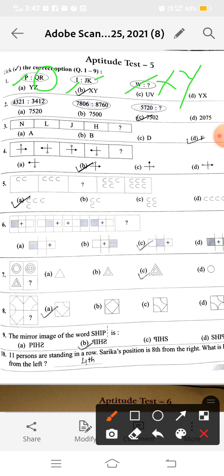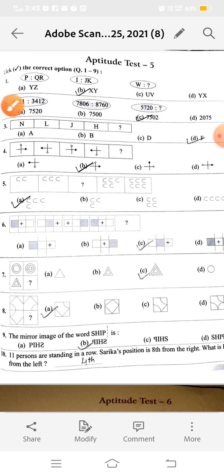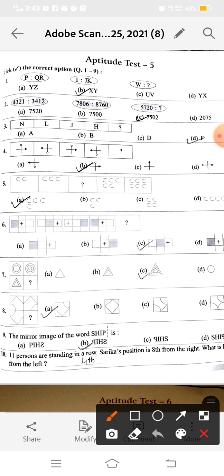We have P on one side, one letter on the left and two letters on the right, but in ascending order we have to read the letters from the left side, P, then Q, R. Then I, J, K, then W, X, Y. So which option will be our answer? Option B, X, Y. Okay, so the first answer is option B, X, Y.